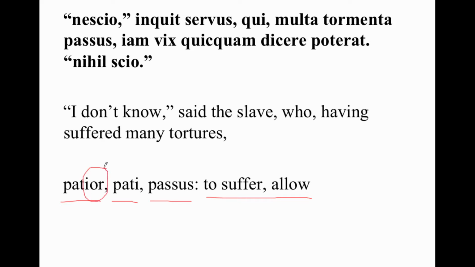So if you see three forms and an OR, you have a deponent verb. And passus, right here, the third form, is going to be the past participle. It means having suffered or having allowed. In this case, having suffered many tortures.